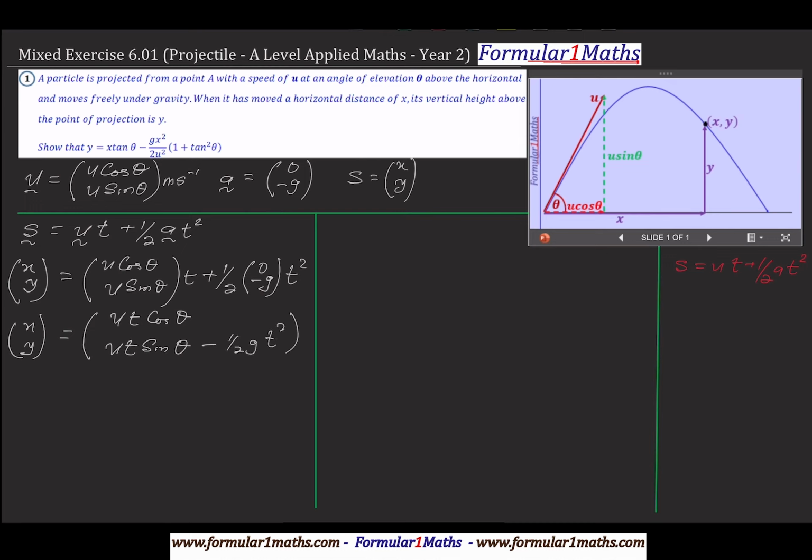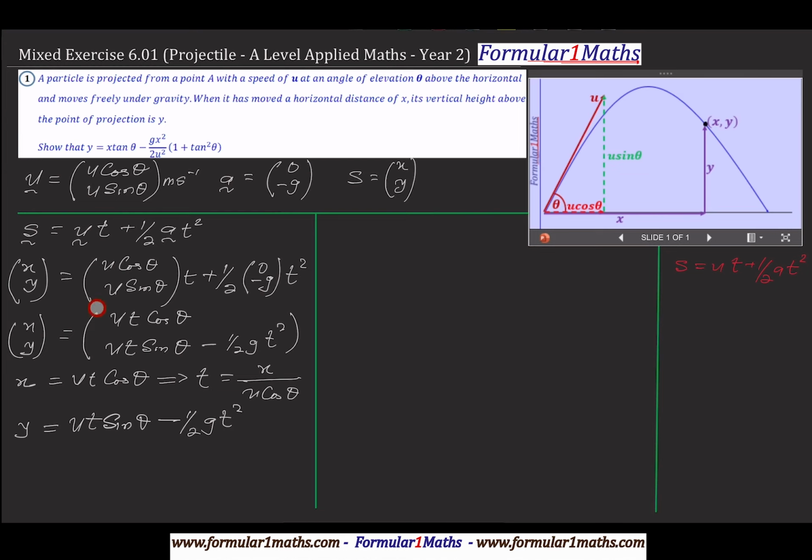For the horizontal component, we'll have x is equal to ut cos theta. This implies that t is equal to x over u cos theta. And the vertical component will be y is equal to ut sin theta minus half gt squared.